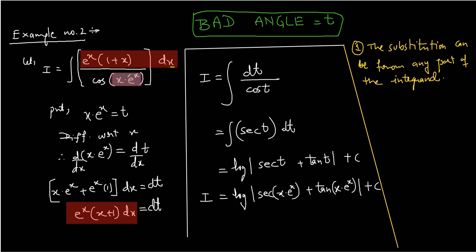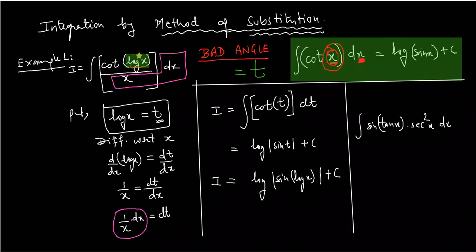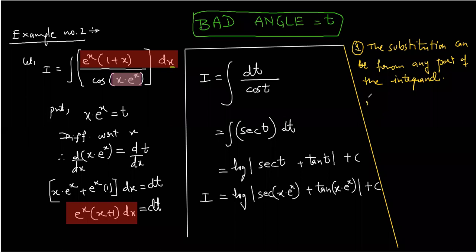That means, here it is an angle in the denominator, but the previous one was an angle in the numerator.